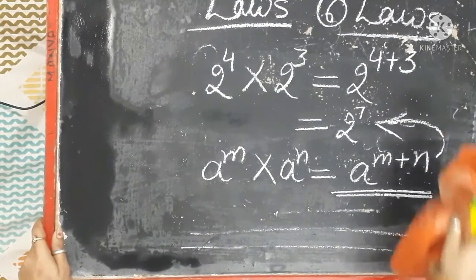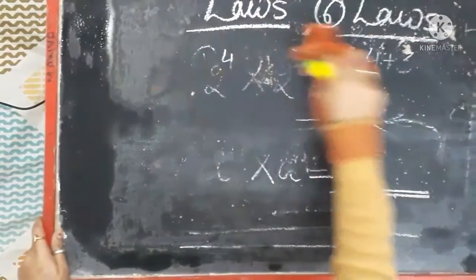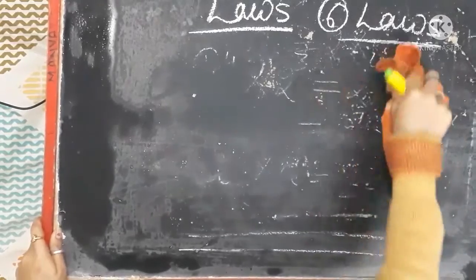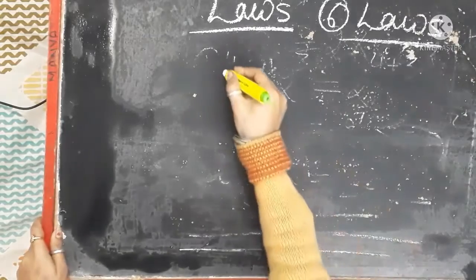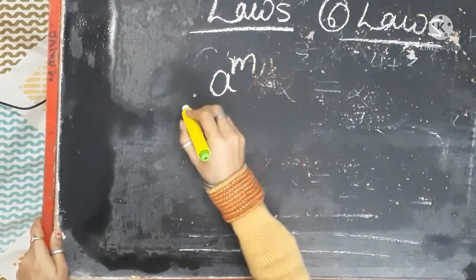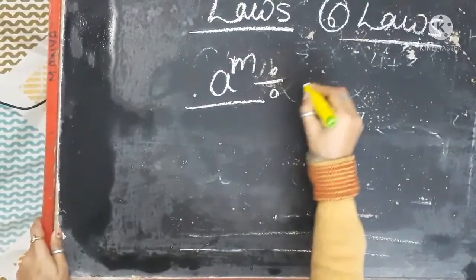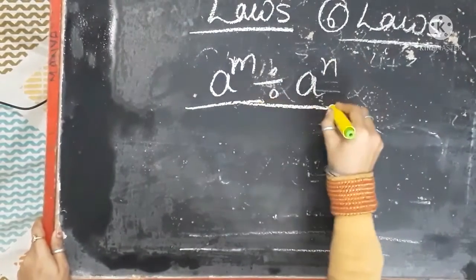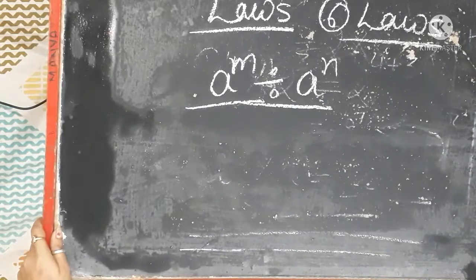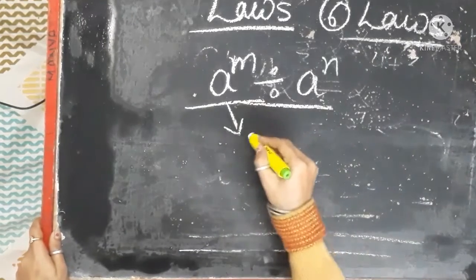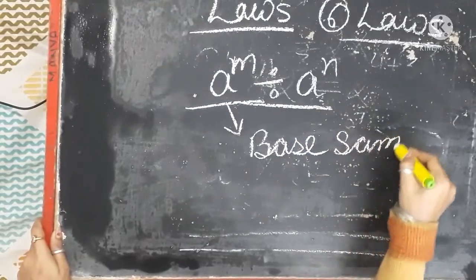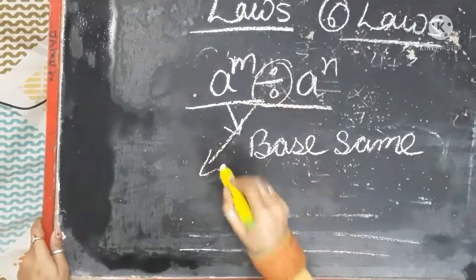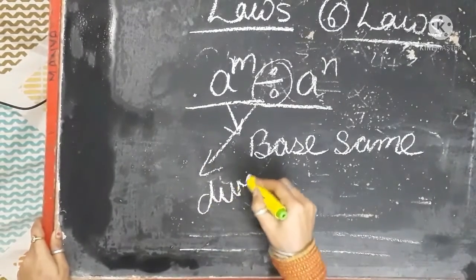Hope you understand. Okay, now we'll go for the second law of exponents, which says if a raised to the power m is divided by a raised to the power n, that means the bases are same, the powers are different and they are in the division operation, right?